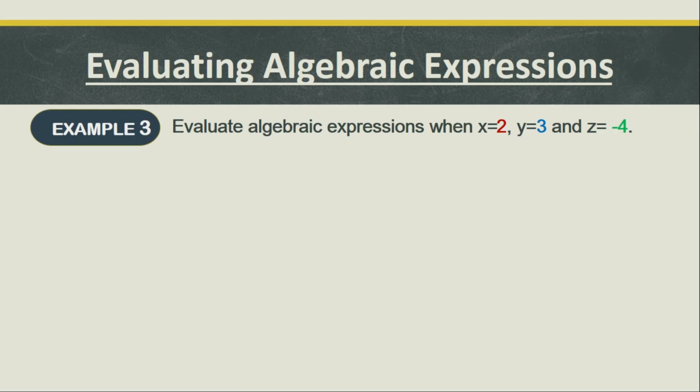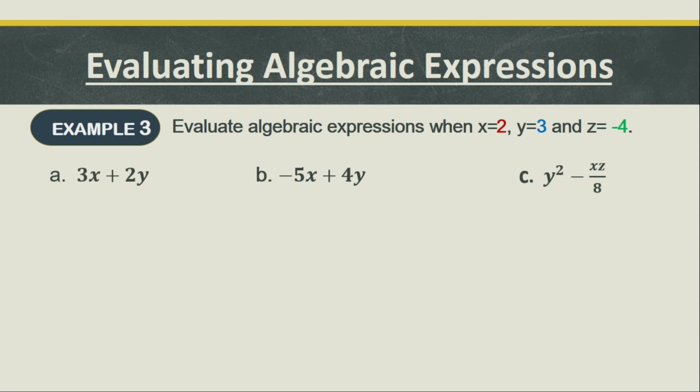Now let's have another set of examples. Evaluate algebraic expressions when x equals 2, y equals 3, and z equals negative 4. Let's have some examples. 3x plus 2y, negative 5x plus 4y, and y squared minus xz over 8.